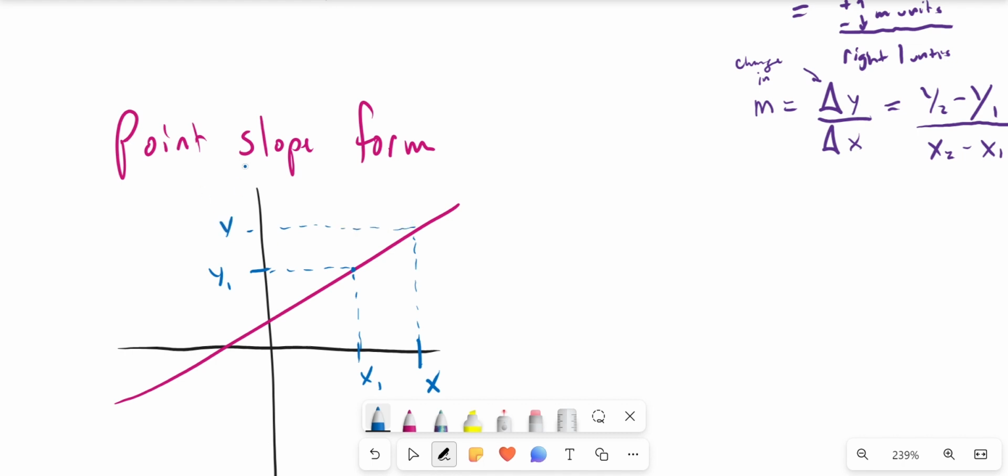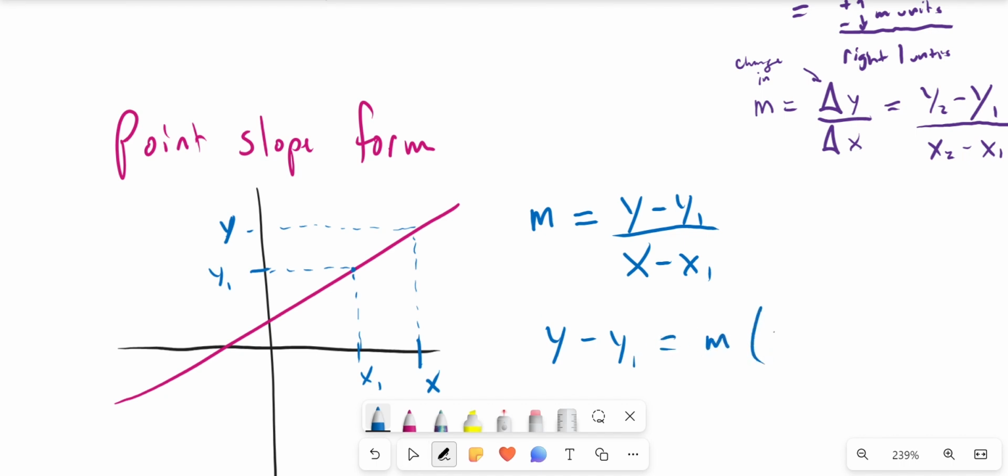And these could be any values. I could imagine this is variable. Maybe it's over here, maybe it's over there, but it's some new value of x. Well, we actually have a way to calculate that if we know the slope, right? We know that any value, y minus y1, divided by this new x minus x1 is going to give me the slope. And so if I just rearrange this slightly, what I get is y minus y1 is equal to m times x minus x1. And this is point slope form.